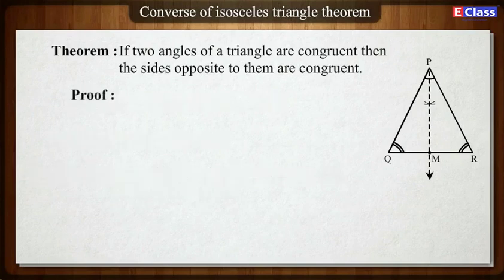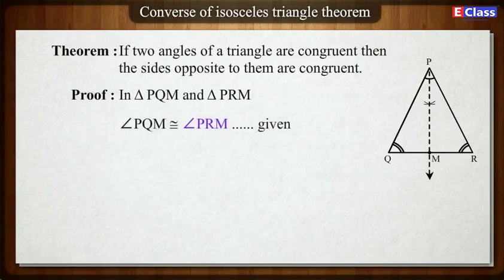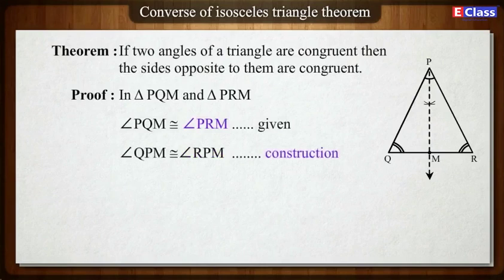Proof. In triangle PQM and triangle PRM, angle PQM is congruent to angle PRM, which is given. Angle QPM is congruent to angle RPM by construction.